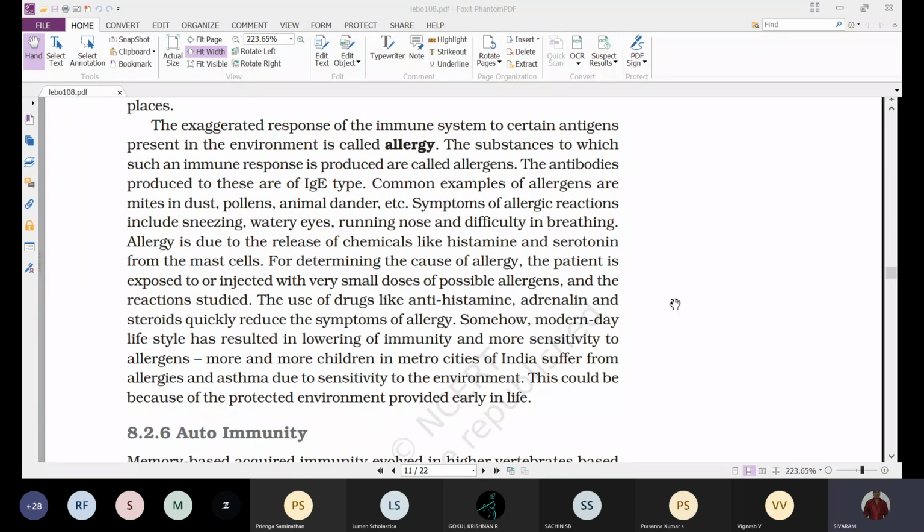When you observe those children, especially who are living in cities, usually they will not come out in the young age, because they do not find that much place for playing outside. They will be completely indoors, so they are not exposed to different environmental conditions. When they suddenly come out of the houses and move to different places, they are exposed to different environmental conditions.